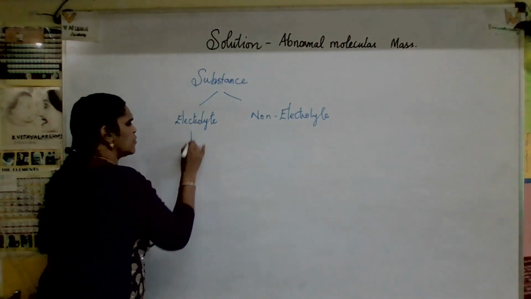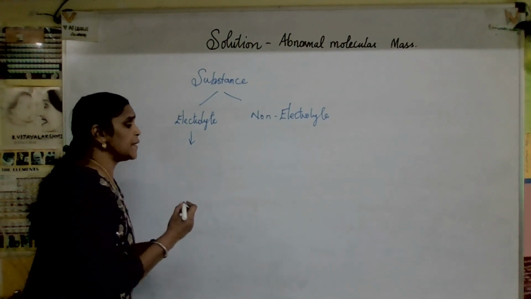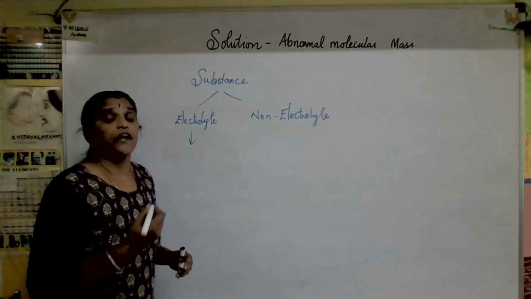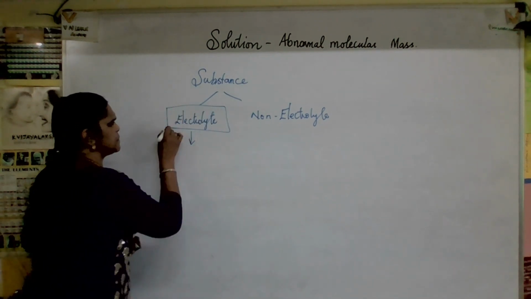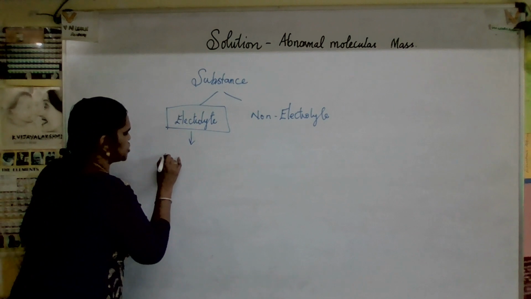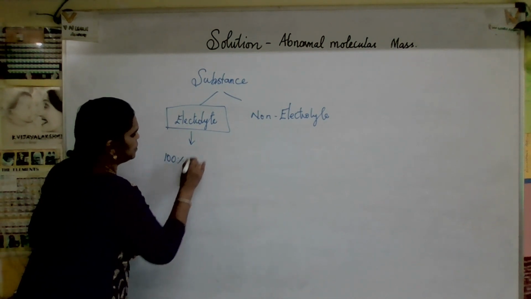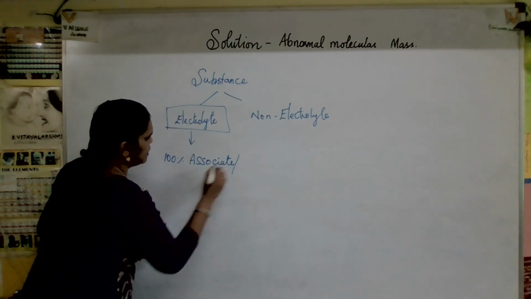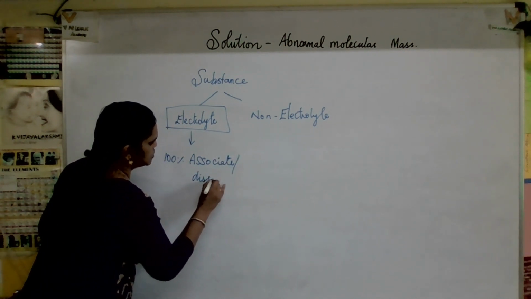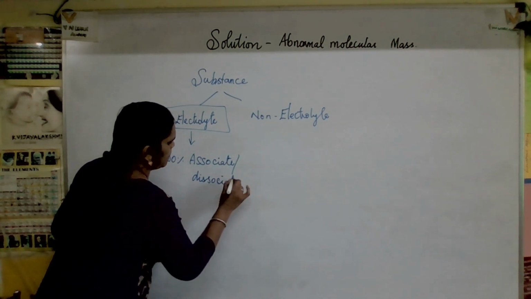Okay, now electrolyte means it is completely associate and dissociate. An electrolyte substance will associate and dissociate 100%, right?